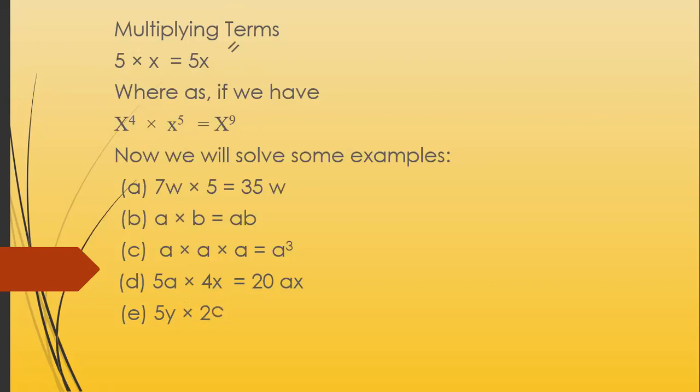It results 10 by c, or in alphabetical order, c comes first. So we can write it as 10cy. These are some basics of multiplication in algebra.